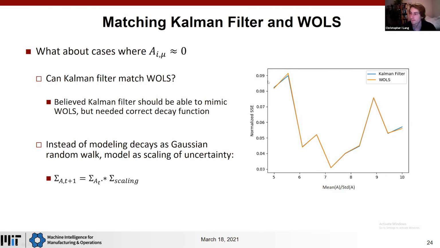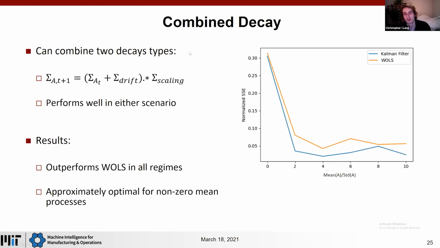At this point, I realized that I basically want both the drift in the covariance matrix and the scaling of it to perform well in either scenario. So I ended up using this combined update for our covariance, or uncertainty, matrix for the underlying system, where we add some amount of constant drift to it, and we also scale it by some other amount.